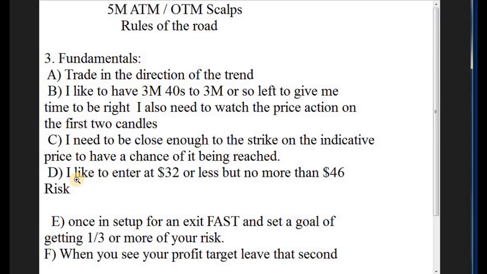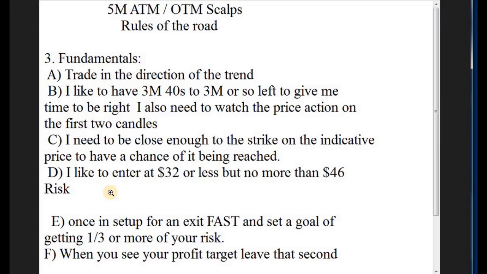I want to be the party that has less at risk than the counterparty to the trade. So if I've got 46 at risk in a $100 contract, who has the most risk? Me at 46 or the counterparty at 54? That's what out of the money trading is all about, and that's why I always say these are out of the money, not at the money.